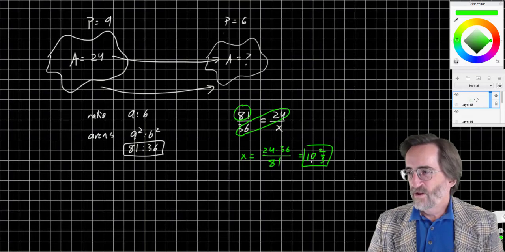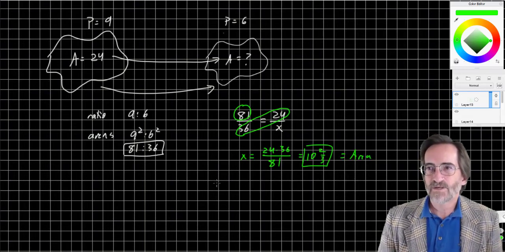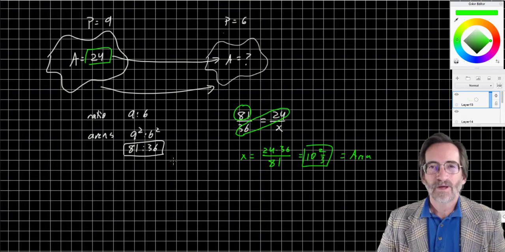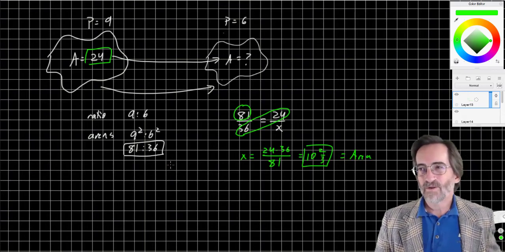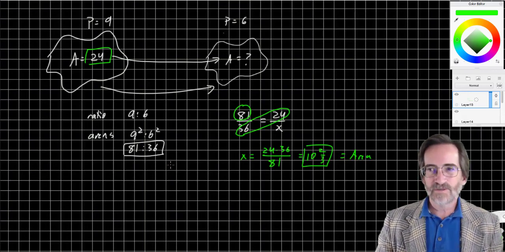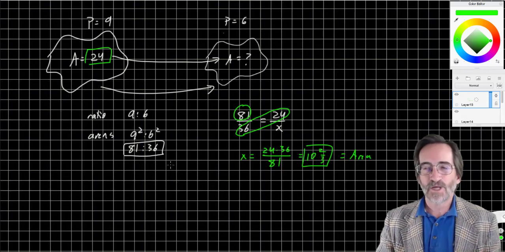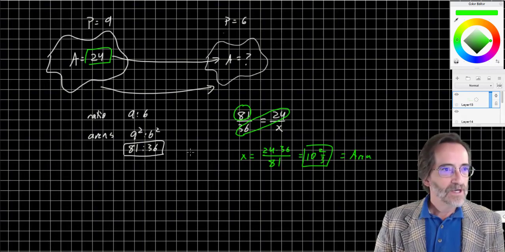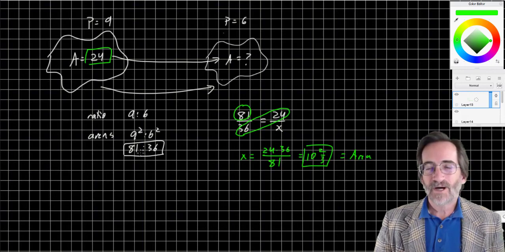And so that's the area of the smaller shape, 10 2/3. And it makes sense. It's actually less than half the area. And that's kind of interesting. When ratios of dimensions change, the areas change faster. Okay? That's really the idea behind this lesson.